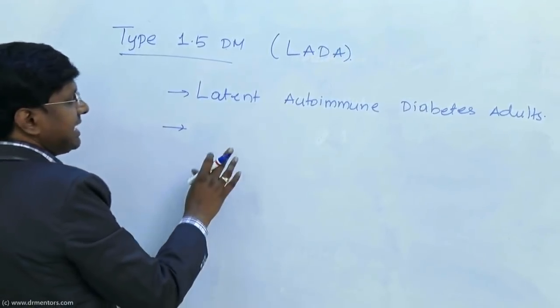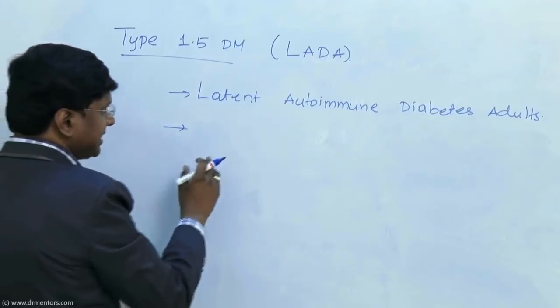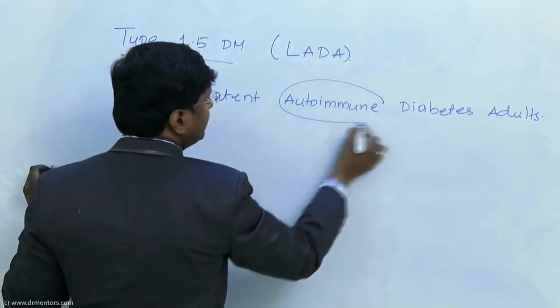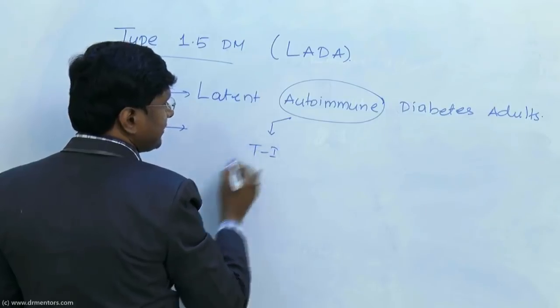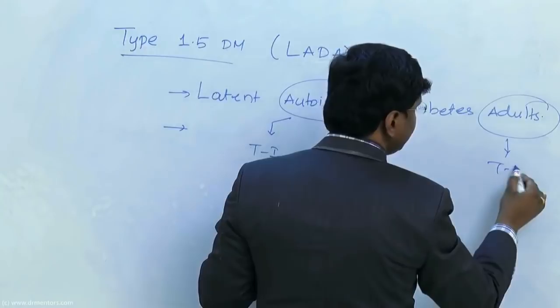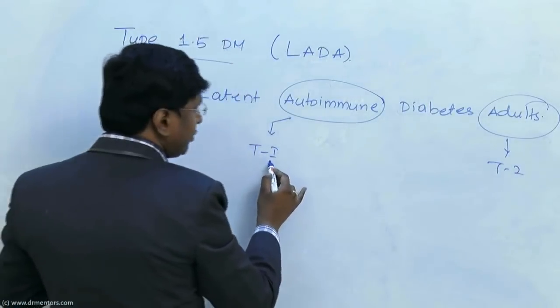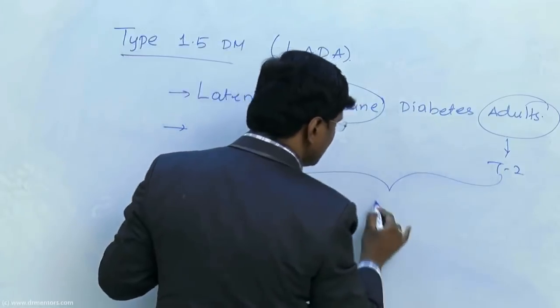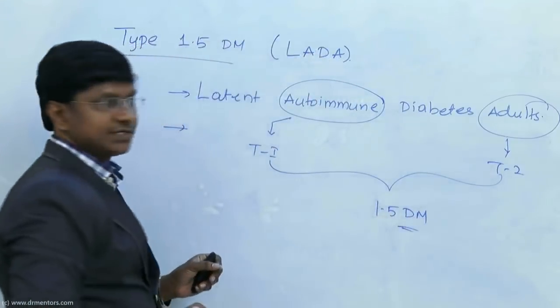Remember, they have the features of type 1 and they have the features of type 2. They have an autoimmune pathogenesis, which is a feature of type 1. And it is seen in adults, that is a feature of type 2. So they have the features of both 1 and 2. That is why it is called 1.5 diabetes mellitus.